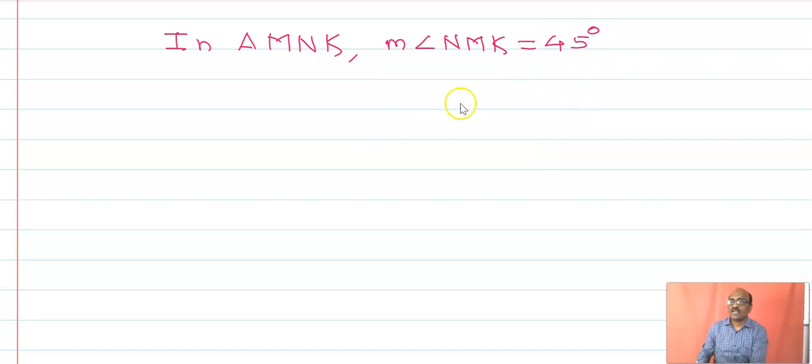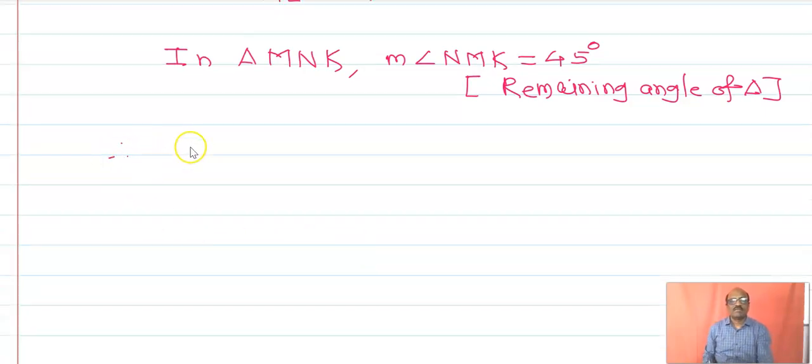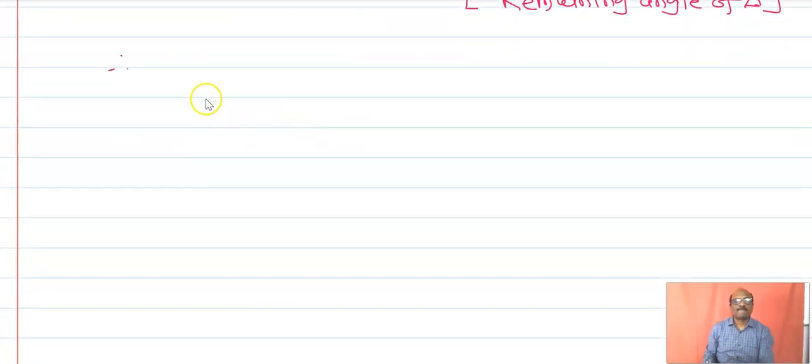That is the remaining angle of the triangle, and it is 45, and therefore we can find MN.